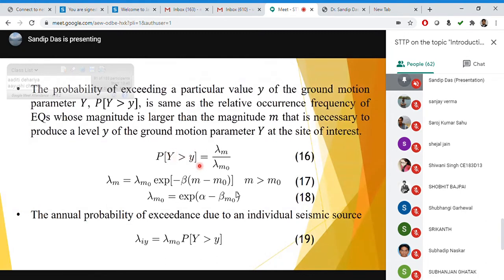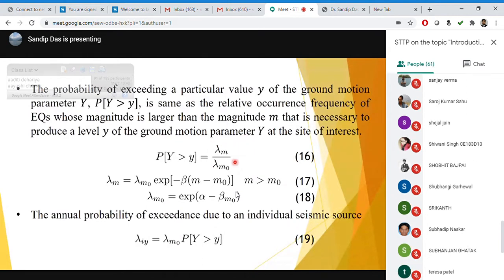So that means the probability that Y greater than y, here there is no condition, is the same as in what proportion you have earthquakes more than that magnitude causing Y greater than y, divided by the total number of events. Now the total number of events you will get by multiplying with t, so t will get cancelled out, so it is the ratio of the rate of events having magnitude more than m and the rate of all events. That is nothing but the probability from first principles.